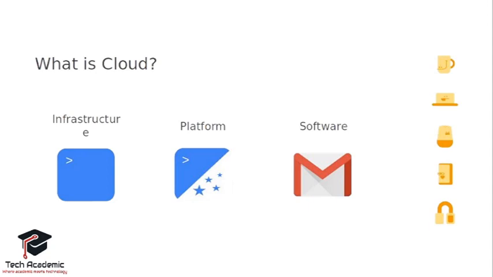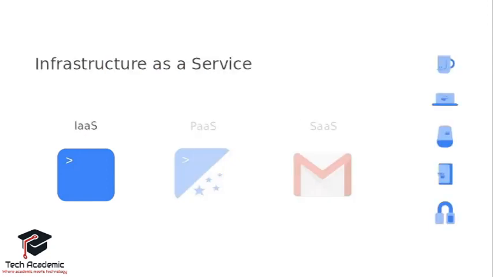Basically, cloud computing provides services in the form of three parts. First, infrastructure as a service, which is called IaaS. Second, platform as a service, which is called PaaS. And third, software as a service, which is called SaaS. Let's move further to infrastructure as a service.